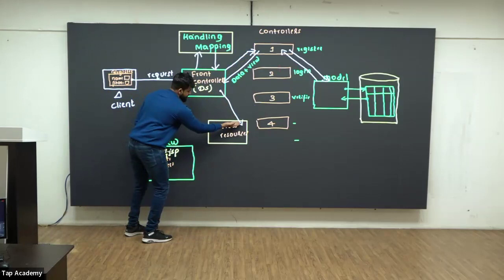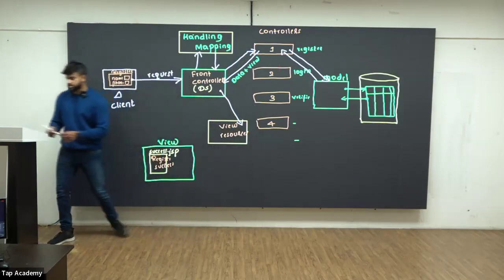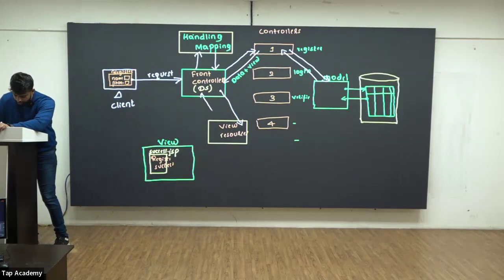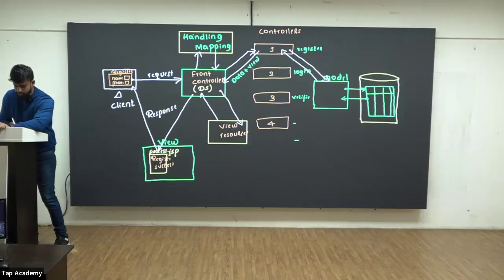View resources will have that information, and he will send it back. When he sends all the information, he will get to know that success.jsp is present in this folder itself. He will go here, and this fellow will respond like this. That is why we call it a response.